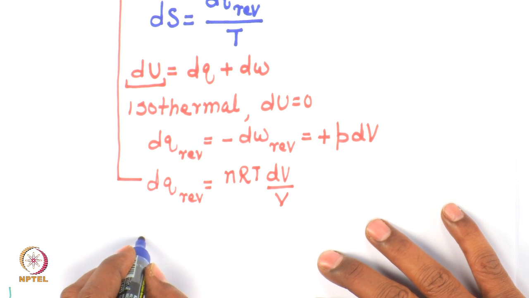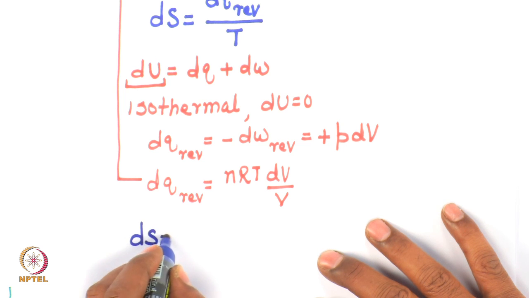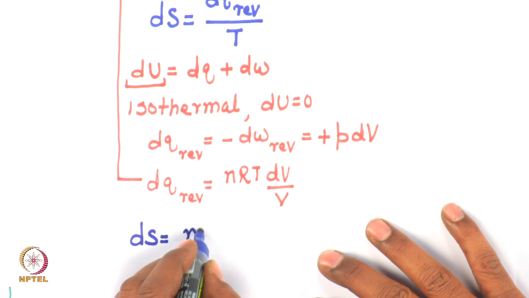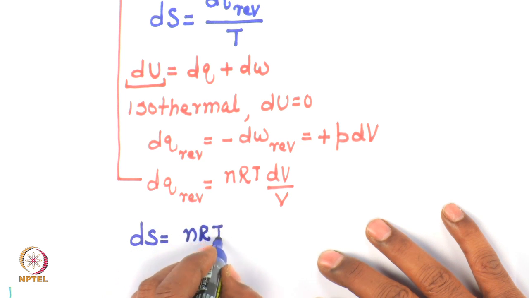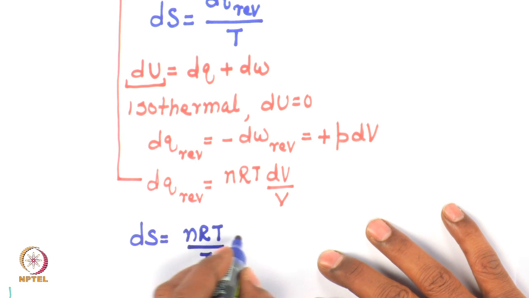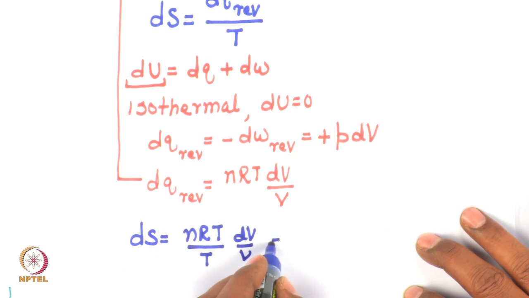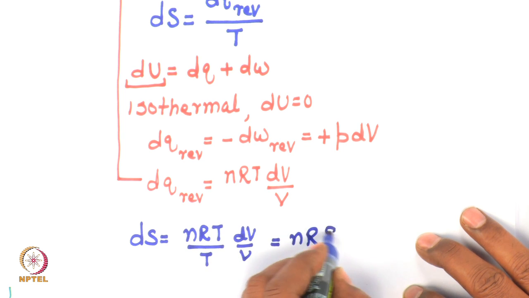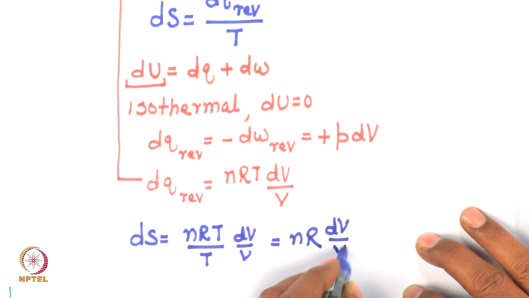What we get is dS is equal to nRT by T dV by V, which is equal to nR dV by V.